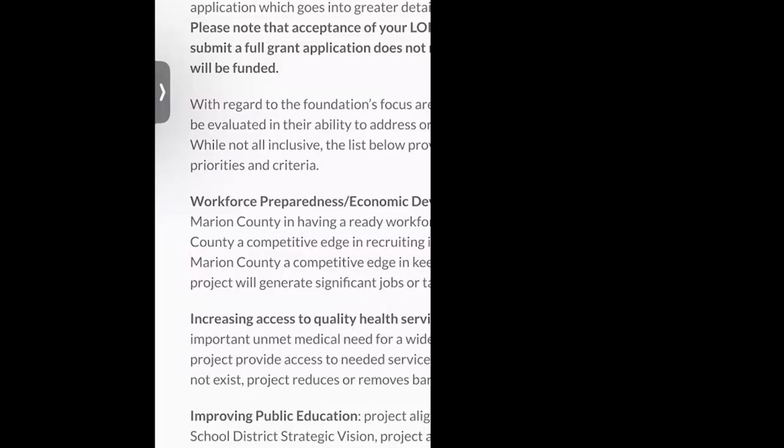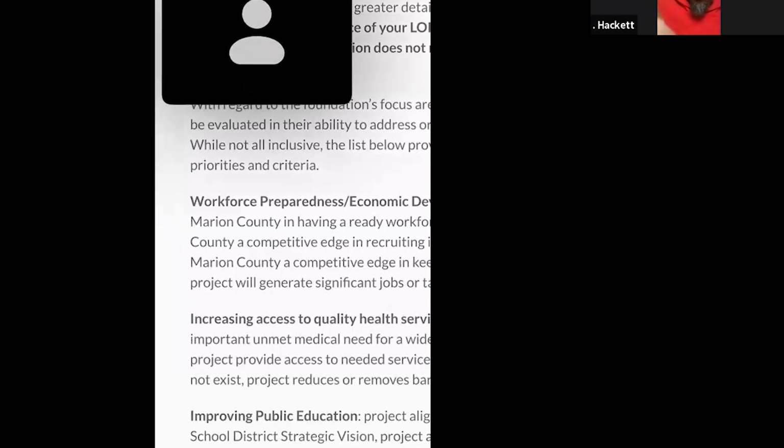ChatGPT 4 can read a website for you. Maybe you need to do a demo for them to see it. Yeah, they don't believe me. It can also read images as well and write you a description and all of that.